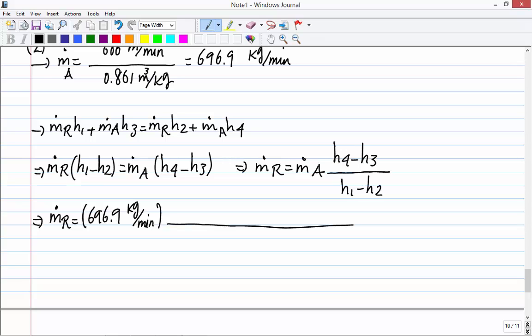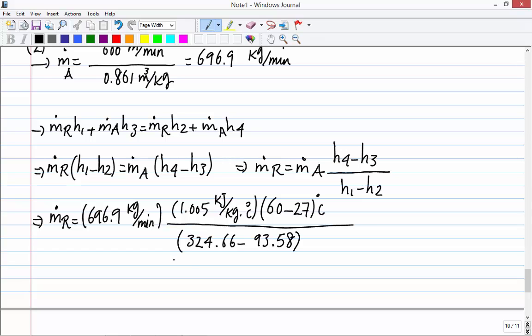So h4 minus h3 was the ideal gas relation, so the CP, which is that, times the difference in temperatures, T4 minus T3 in degrees C, and I have h1 minus h2 that I calculated before, 93.58 kilojoules per kilogram.